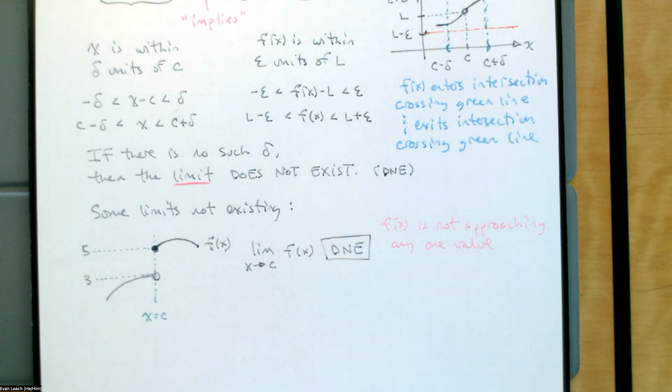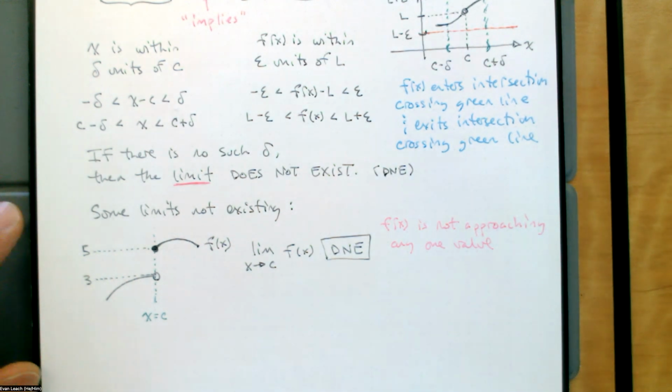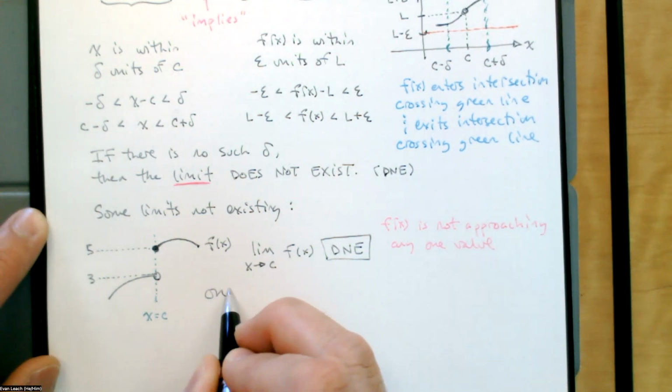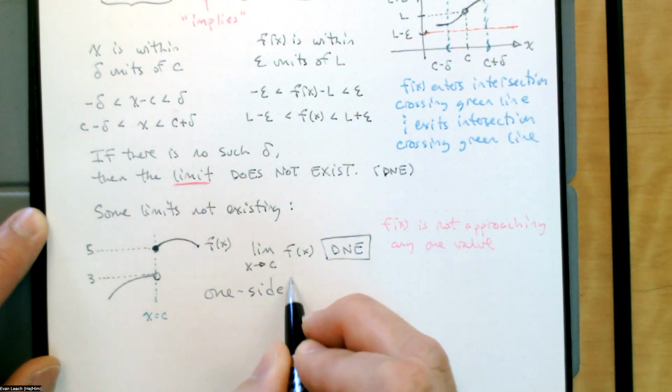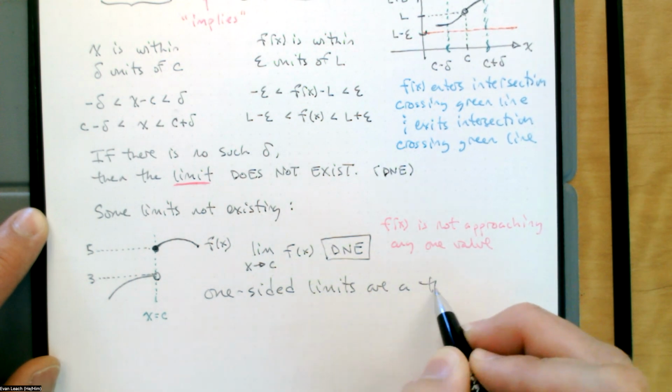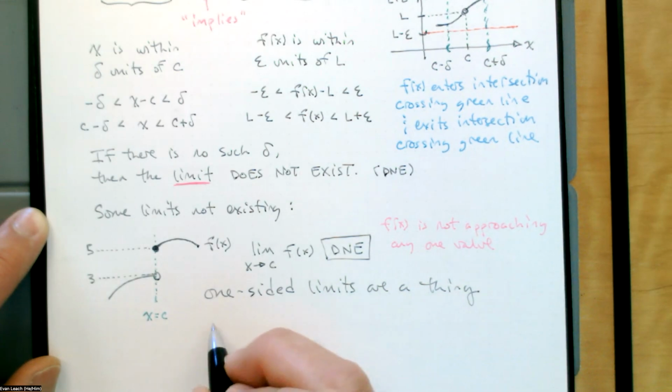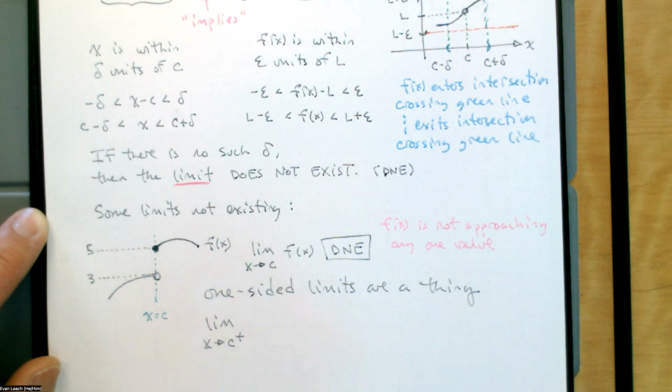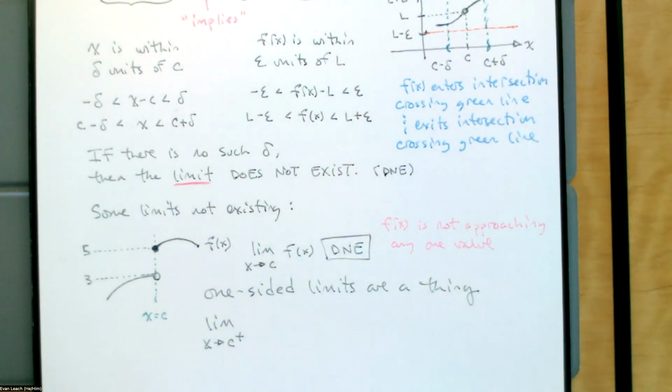Now we could look on either side and do a one-sided limit. That's why I picked this one first. We could say as x approaches C from the right side, we're headed towards 5. We do have one-sided limits. So I could say the limit as x approaches C, if I put a plus as a superscript, I'm saying approaching C from the positive side or from the right.